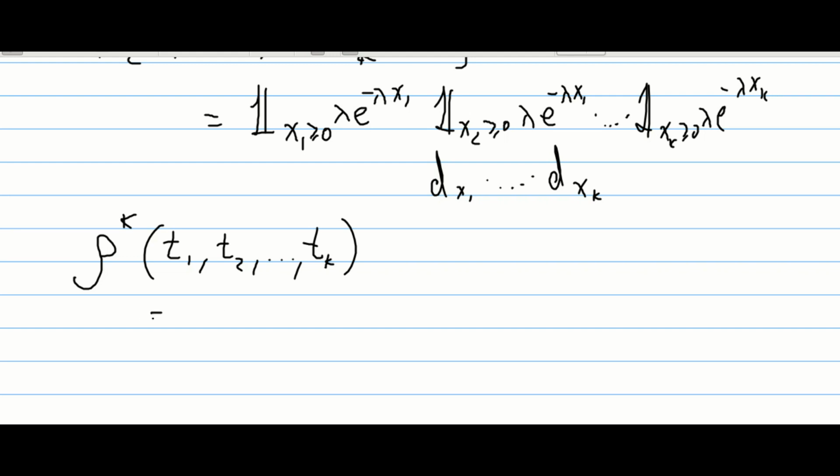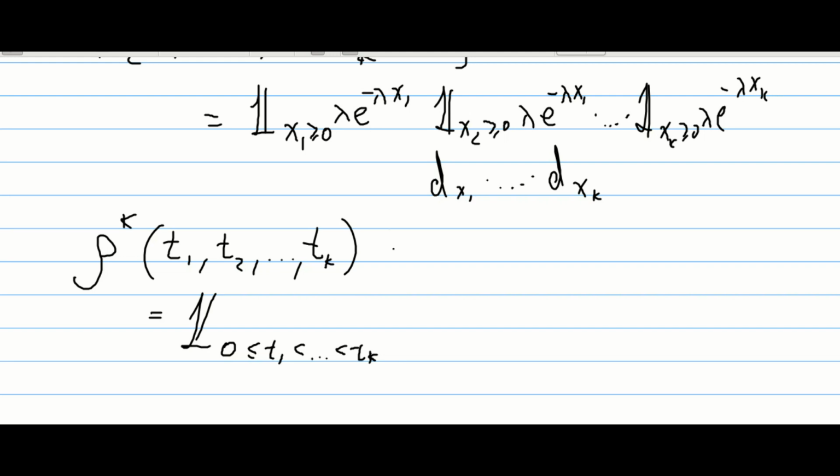First of all, we should have the tk's ordered. Otherwise, this is 0. There's 0 probability that they are not ordered because they are sums of positive things.